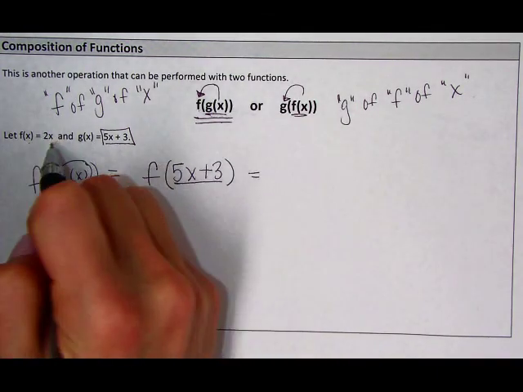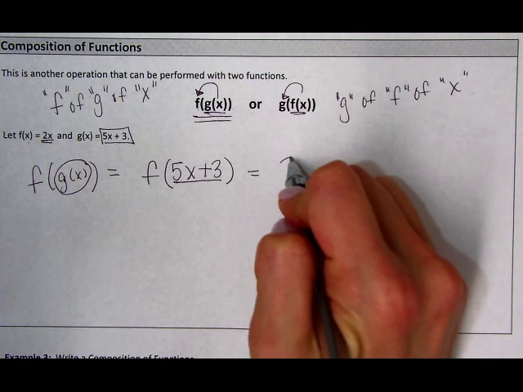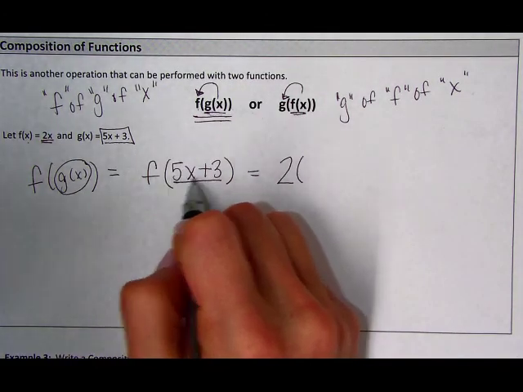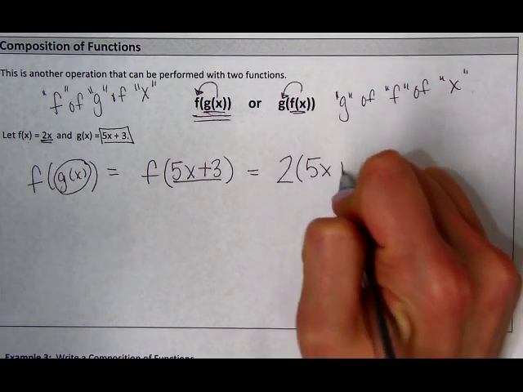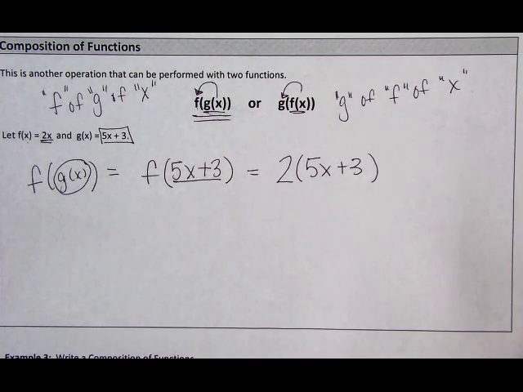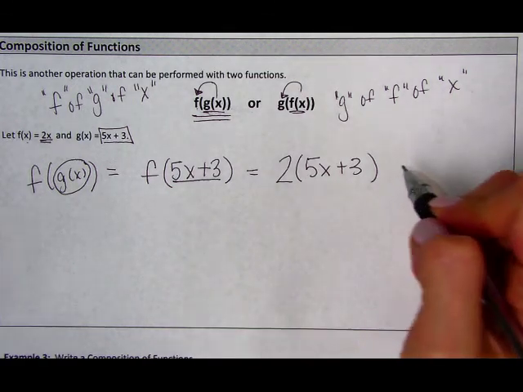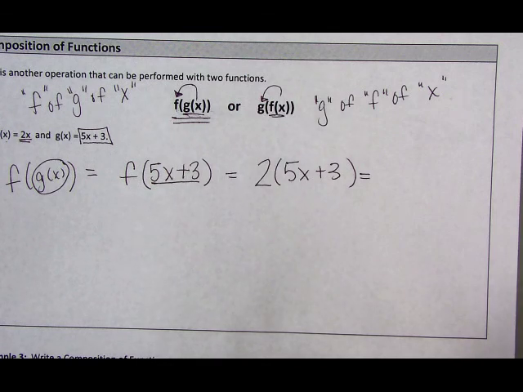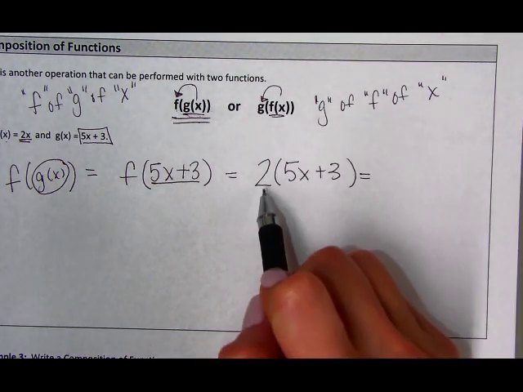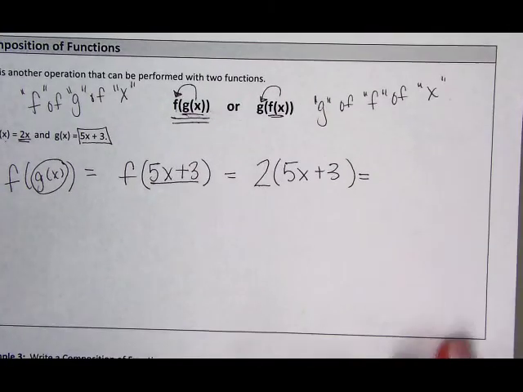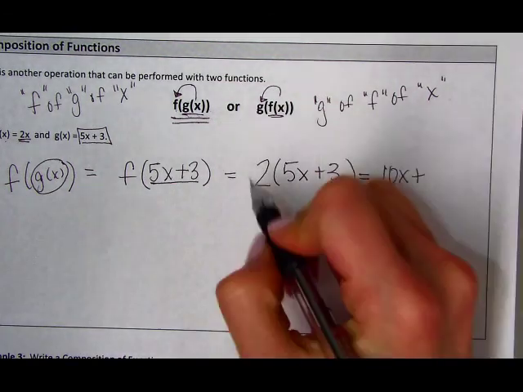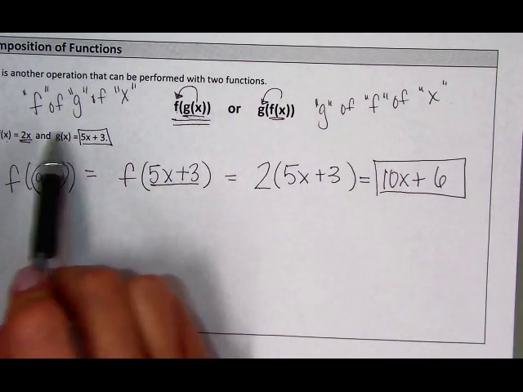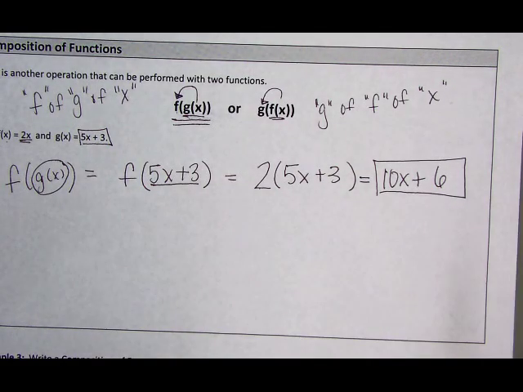So our original function of f is 2x, so 2, and then x would go right here, but instead of plugging in x, we're going to plug this whole g function into that spot. Once you do that, you can carry out all the operations, distribute, add, subtract, and do whatever you need to do with your order of operations. If you carry this out, 2 times 5x gives me 10x, plus 2 times 3 gives me 6. So f of g of x in this case is 10x plus 6.